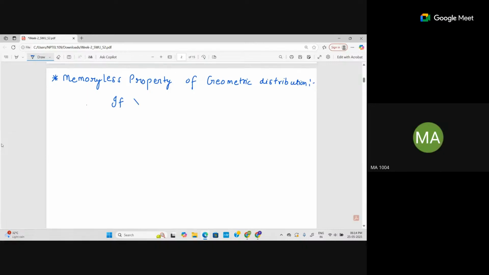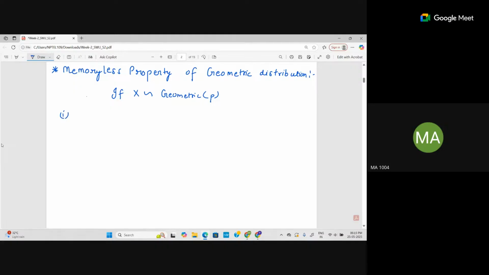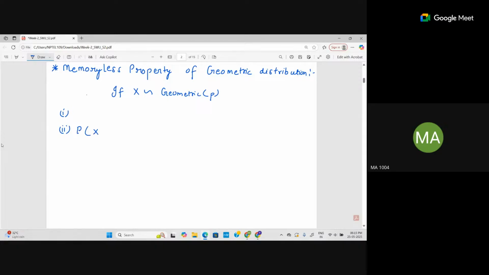So suppose we have a random variable x which is following the geometric distribution with parameter p. Then the probability that x is greater than m plus n, given that x is greater than m, should be equal to the probability that x is greater than n.